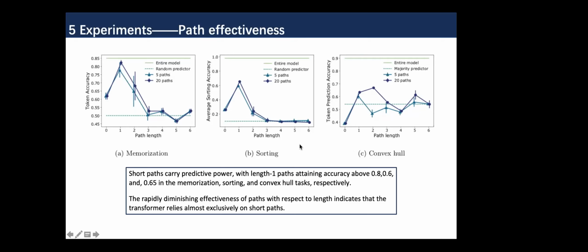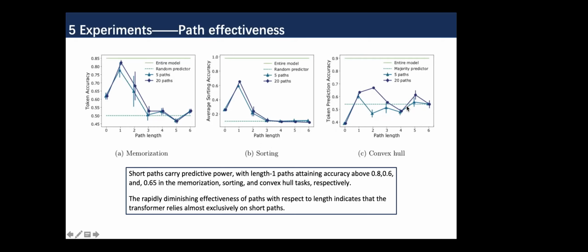And if the path gets longer, like the path length equals 5, you can see that in the first task, the accuracy will be lower than 50%. And the second task is also lower than 50%, lower than 10%. And in the third task, it's a little bit higher, but overall it's not really high, nearly 60%.